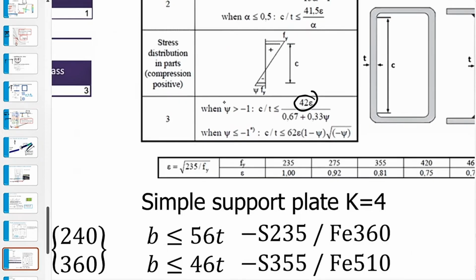So if this one is 1, then this one is 0.67 plus 3, that's exactly 1. So then we have 42 compared to 56. Besides that, it is the same. And we also have this epsilon in the same way. So if we use a higher yield, the classification limit becomes stricter.